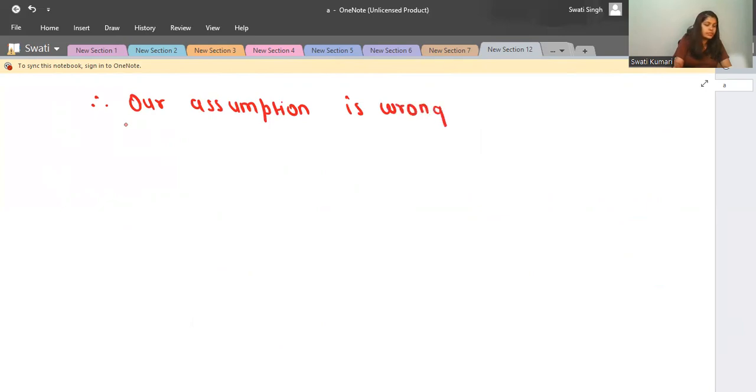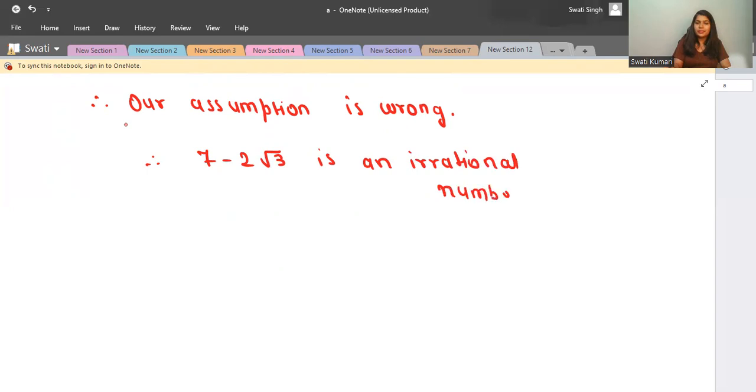Our assumption was that 7 minus 2 root 3 is a rational number. So the correct statement will be just the opposite of that. Therefore, we can say 7 minus 2 root 3 is an irrational number. And hence proved.